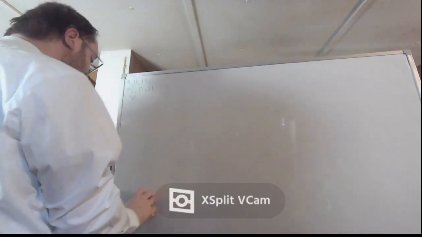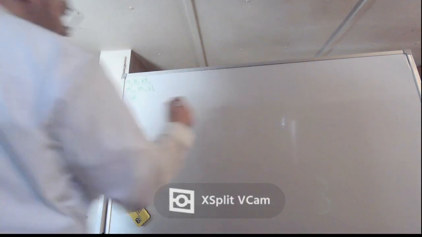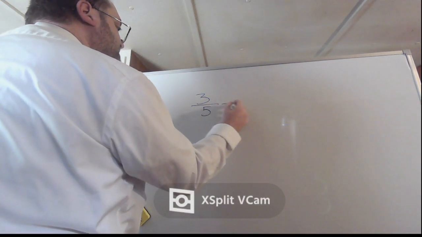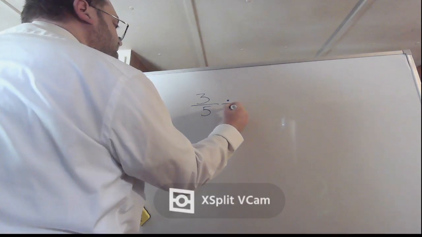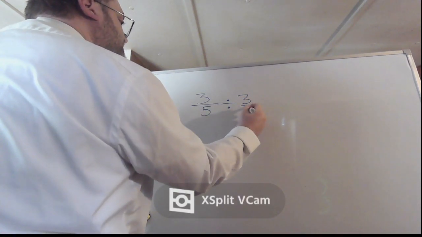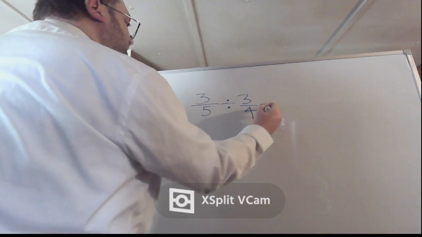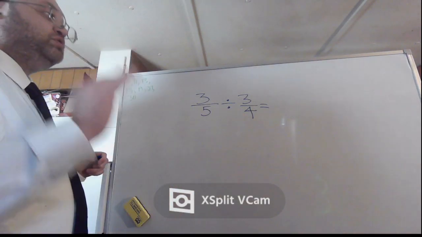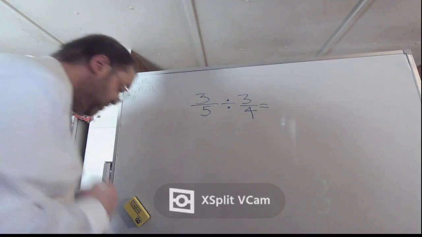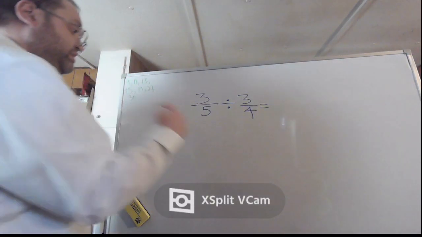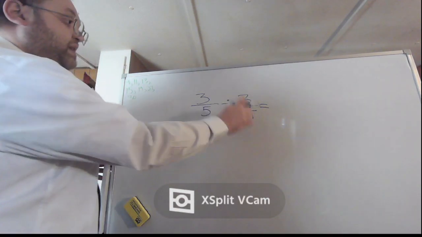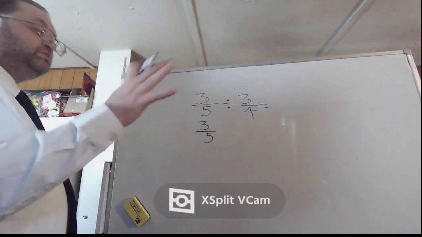So now we can talk about division of fractions. I got some problems here. Say you have something like 3/5 divided by 3/4. When you divide a fraction, it's the exact same as multiplying by the reciprocal. So 3/5 will stay the same, but since we're dividing by 3/4, it's the same as multiplying by the reciprocal.